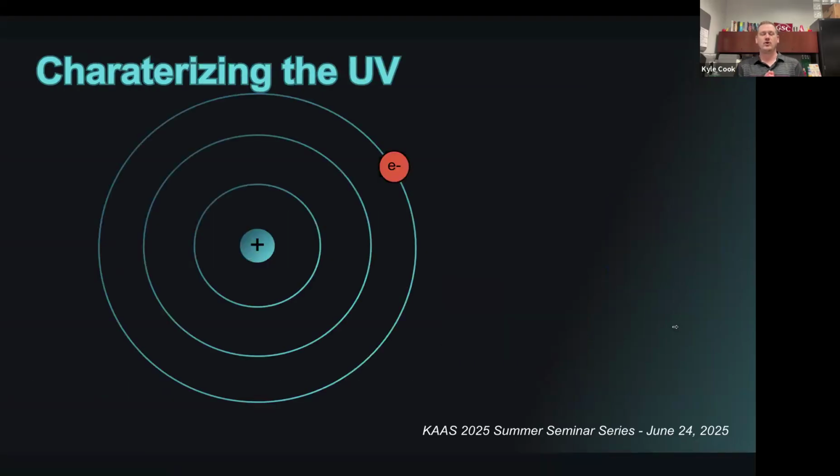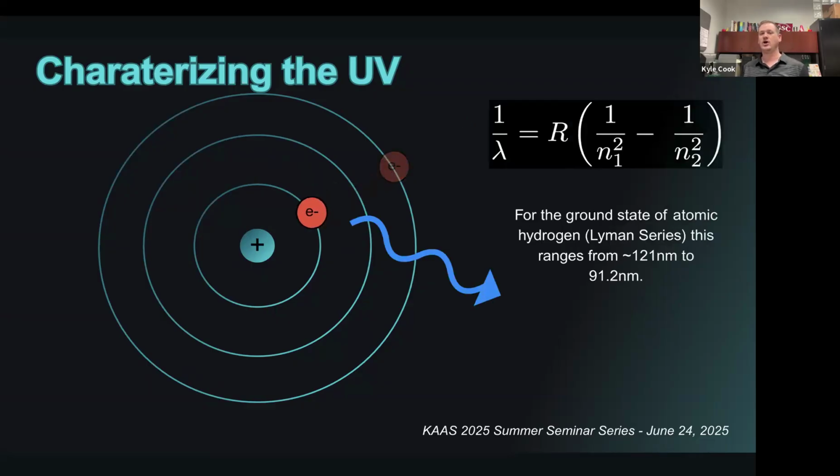Okay. So let's go back to our favorite scientific fiction, the Bohr model of the atom, and characterize what we're talking about when we're talking about UV, at least in some cases. As you have probably all seen at some point, you have your positively charged nucleus, orbitals around the outside, an electron at some orbital, and that electron can simply drop to a lower orbital, emitting a photon with a wavelength corresponding to the Rydberg formula here.